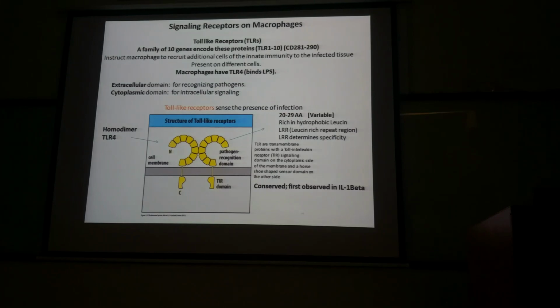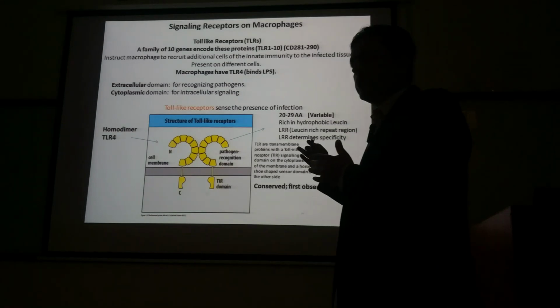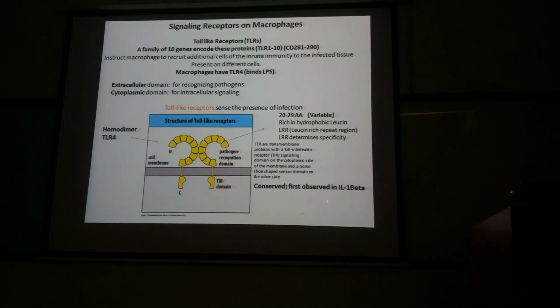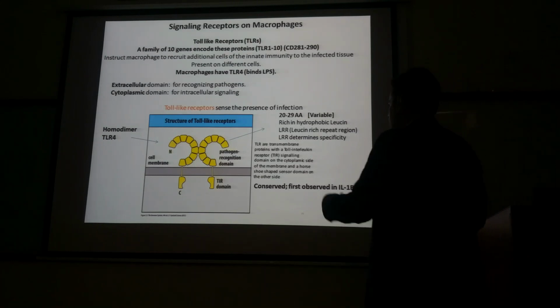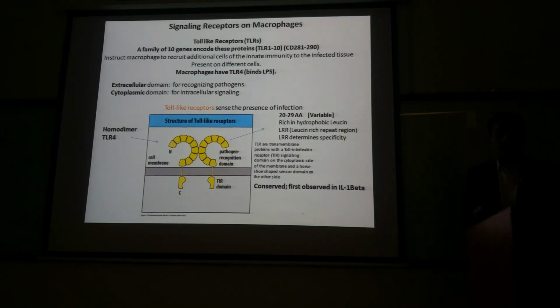You can say that inflammation actually begins here, when interleukin-1 beta binds with its receptor, interleukin-1 beta receptor. Okay? So as it was observed first in the case, this domain was observed to be part of the interleukin-1 beta receptor. That's why we call it the TIR domain. So this is the signaling domain.